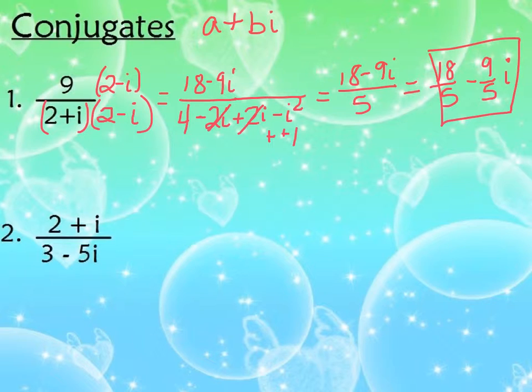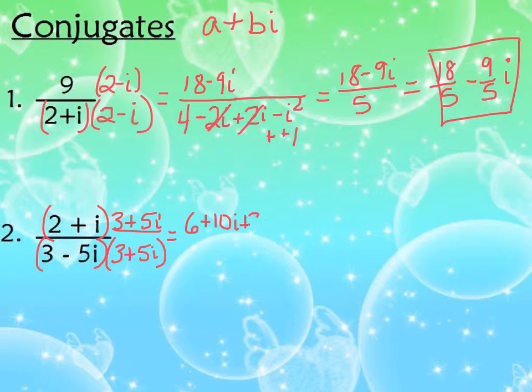All right, let's try one more of these, a little bit trickier because the numerator is a binomial. So on the bottom, we've got to multiply by the conjugate, 3 plus 5i. Same thing on the top. Now I'm going to have to FOIL on the top on this one, so I'll have a 6. Outer is a 10i.